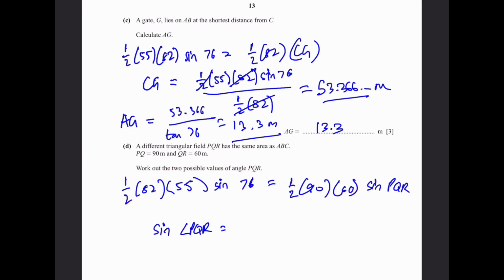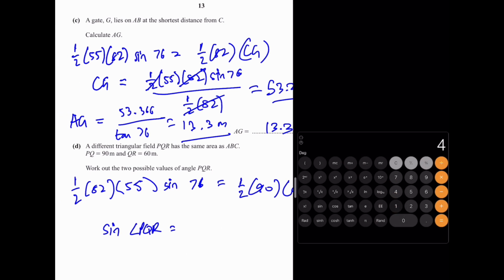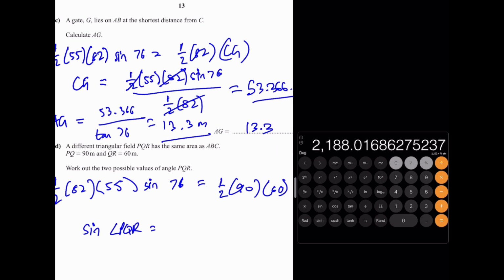So let's just do that on a calculator quickly. Half times 82 is 41, and then times 55, and then times the sine of 76 to get this. Now dividing by 45, since this over here, half times 90 is 45, and now we divide by 60 as well to get 0.8103 approximately. And angle PQR has two different values, as you can see.